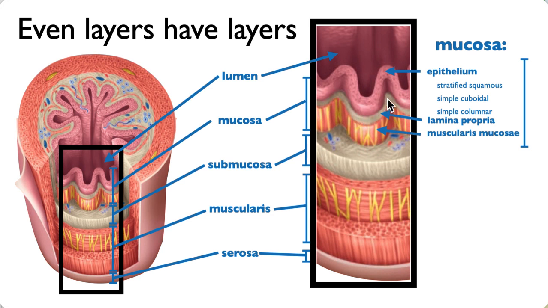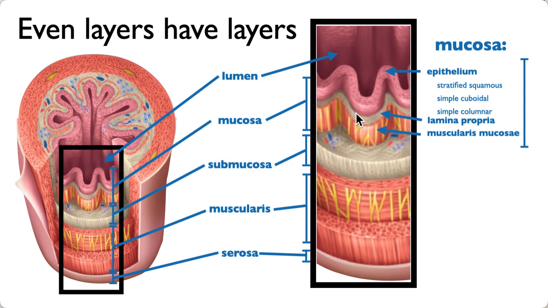Just inside that is a layer of connective tissue called the lamina propria. And this is where smaller blood vessels and lymphatics and nerves and whatnot are running. These help to support and maintain the tissue that is above it.